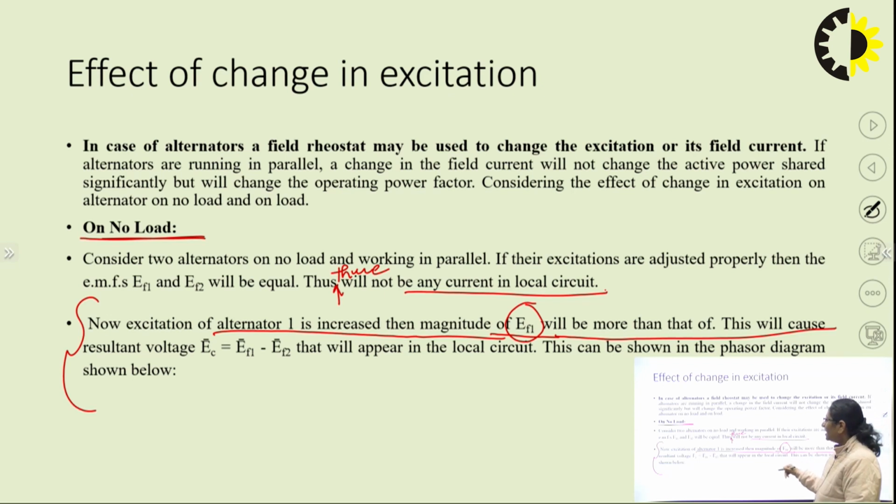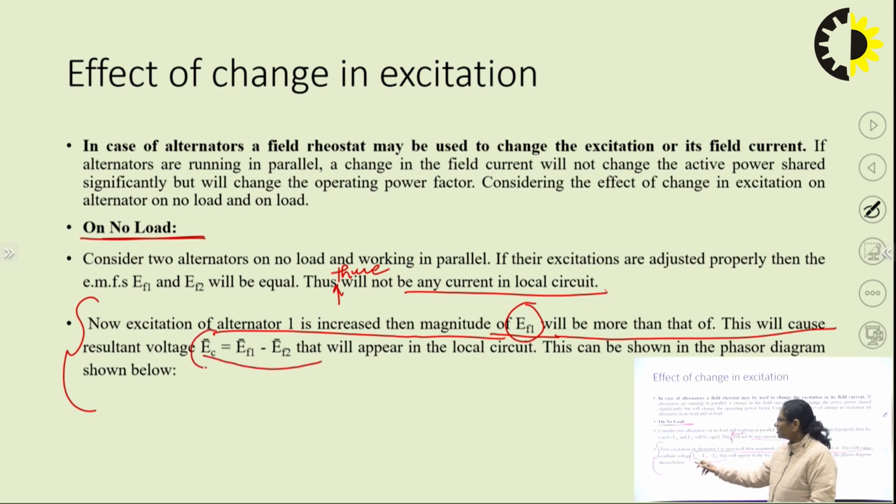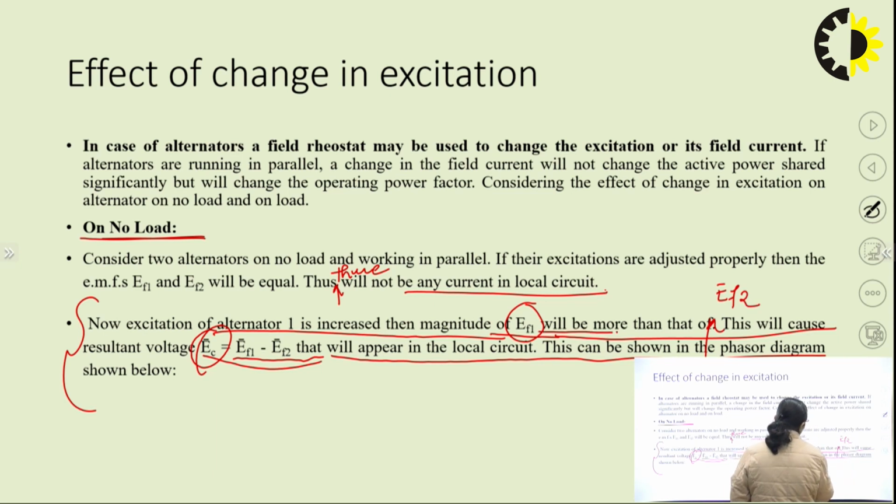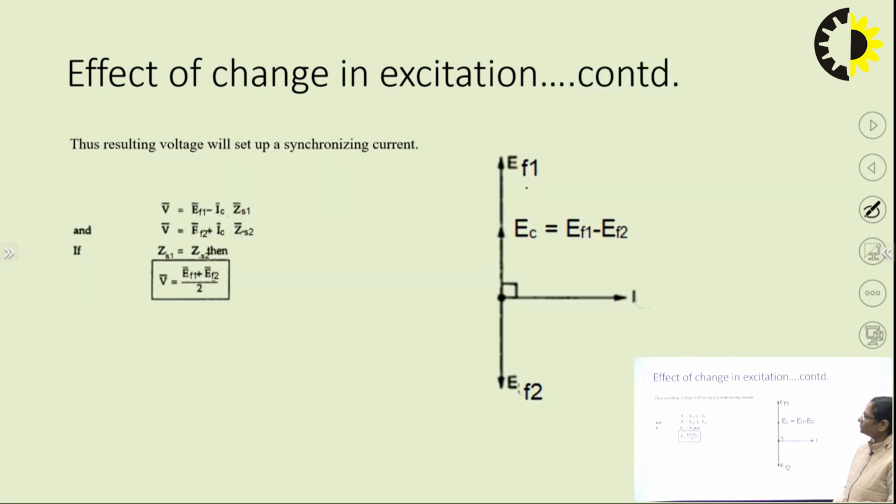This will cause a resultant voltage, which is the voltage causing the circulating current. The resultant voltage would be EF1 minus EF2, and it will appear in the local circuit. This can be seen in the phasor diagram. EF1 will be more than the voltage EF2. This was a minor correction. The resulting voltage will definitely set up a synchronizing current.